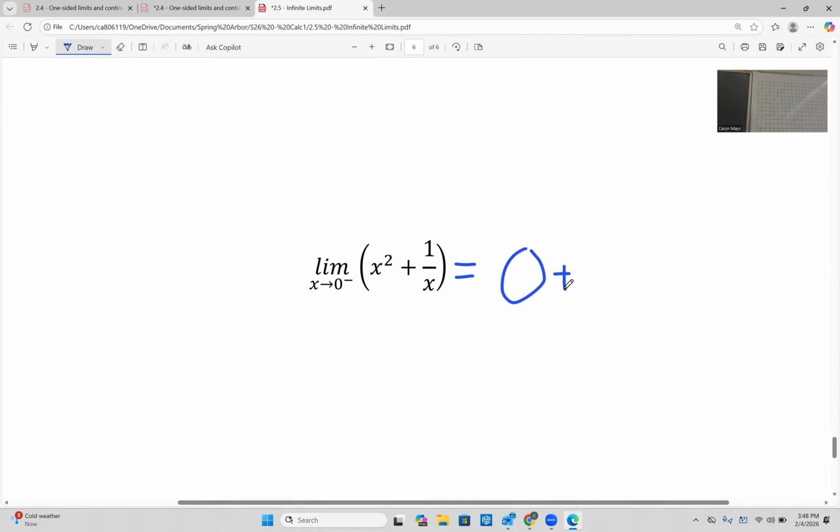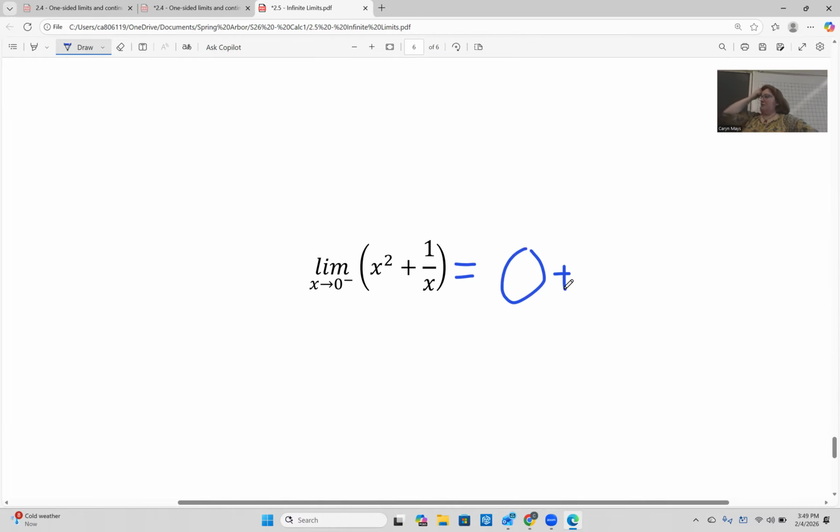1 over x, the limit as x goes to 0 from the left. What would the denominator be? Plugging in 0 from the left, can I plug 0 in?